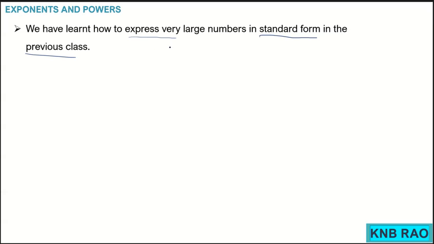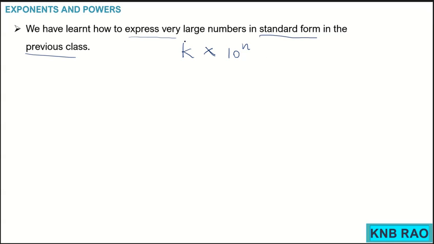You need to recollect. For your help, I am telling you, whenever you have a very large number or very small number, we express it in the form k into 10 to the power n.